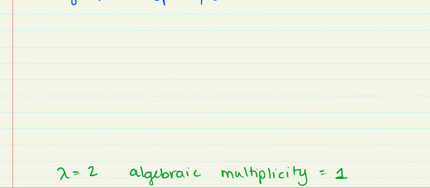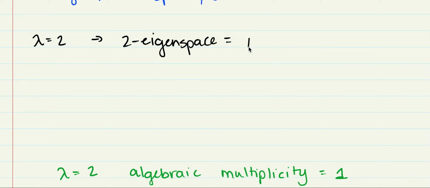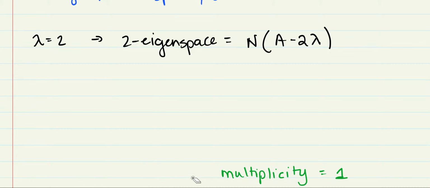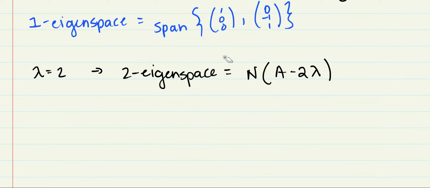Okay, for lambda equal to 2, the 2 eigenspace is equal to the null space of A minus 2I. This has algebraic multiplicity 1, so the geometric multiplicity is going to be 1 as well.